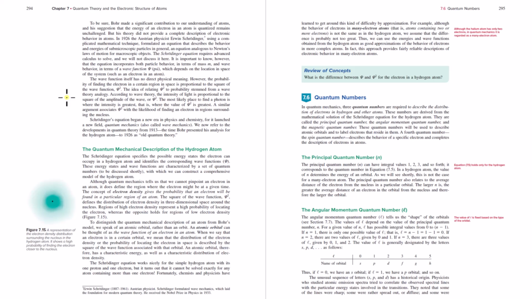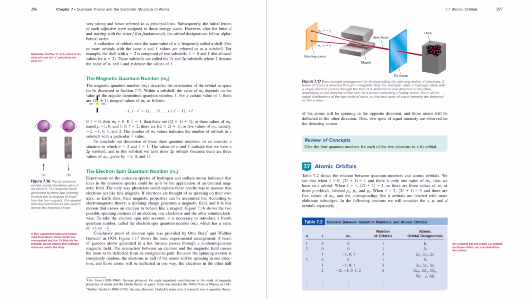The boundary conditions applied to an electron, even in a multi-electron atom, orbiting around an atom, though you don't think of it as orbiting like a planet, are the quantum numbers. You have three dimensions, so you need three boundary conditions. That's what the quantum numbers are about: the principal quantum number, the angular momentum quantum number, and the magnetic quantum number.